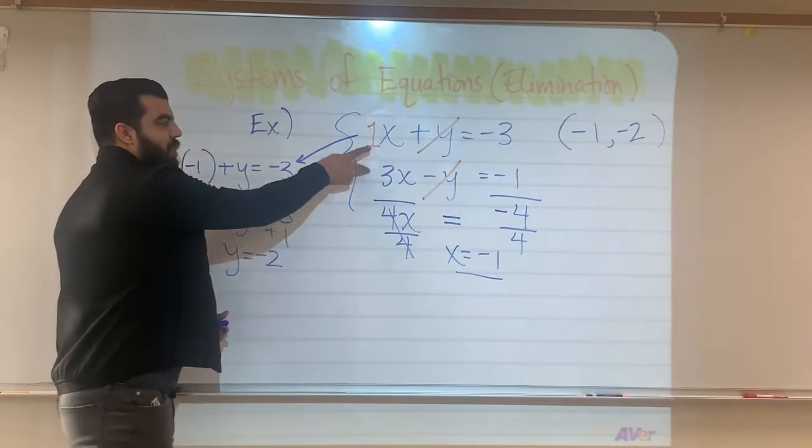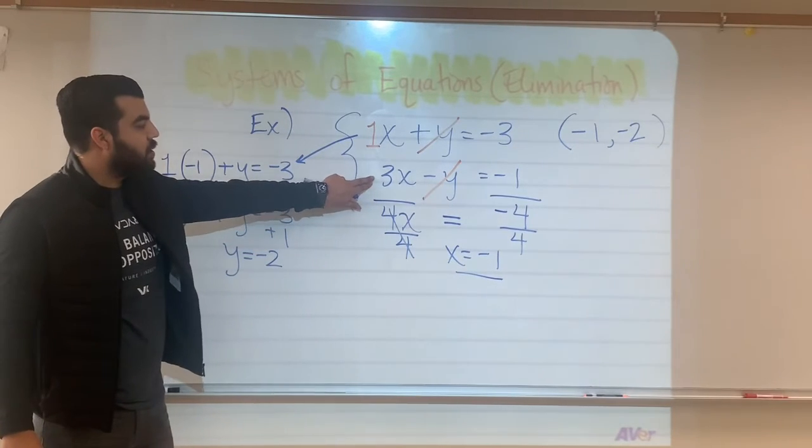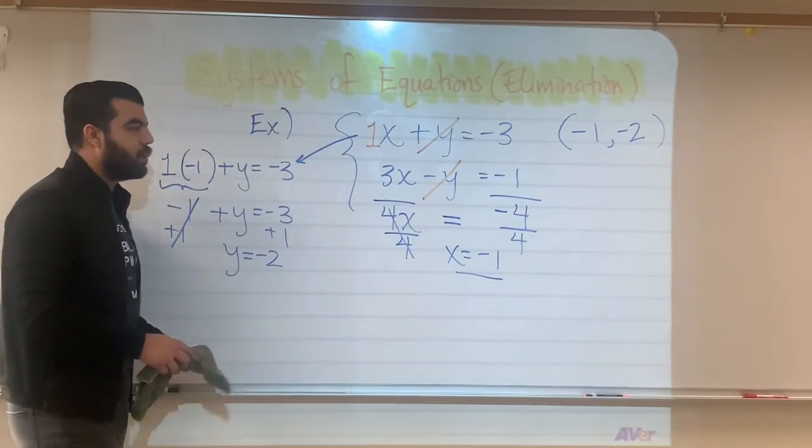Now, it doesn't matter which equation you use, you will get the same answer. So if you wanted to try substituting it into the second equation, you should still get the same answer, -1 and -2.